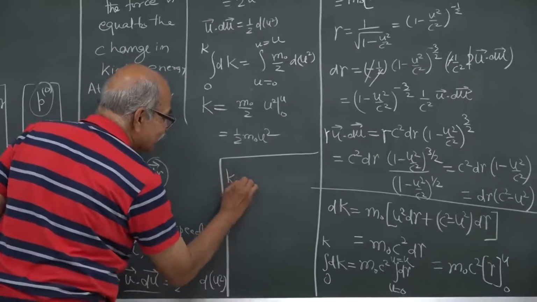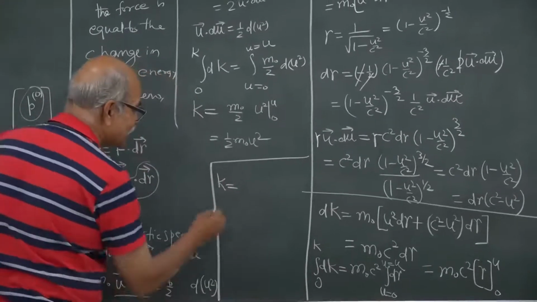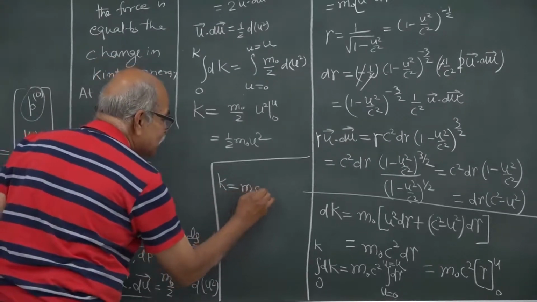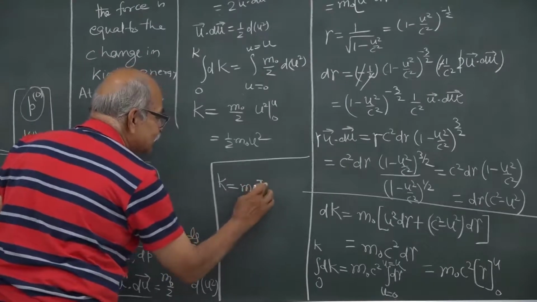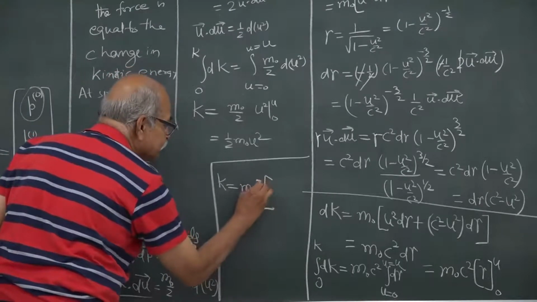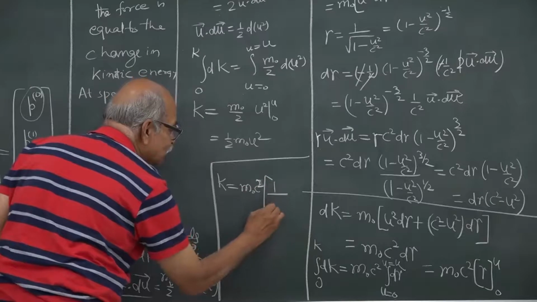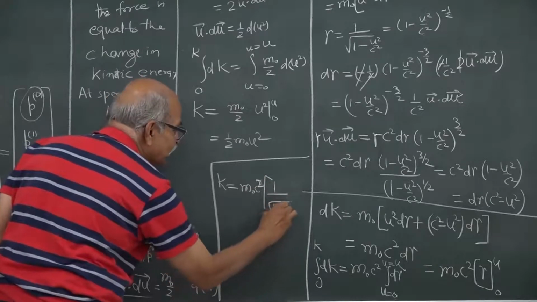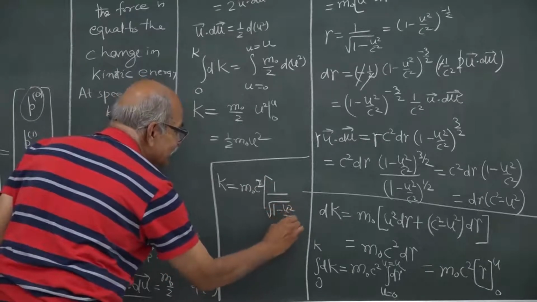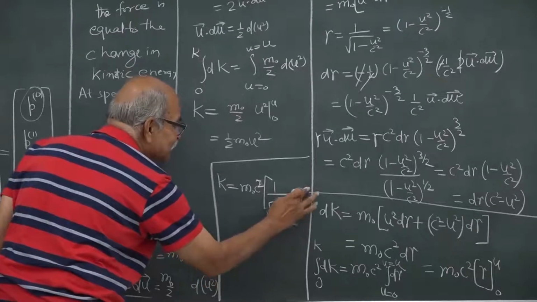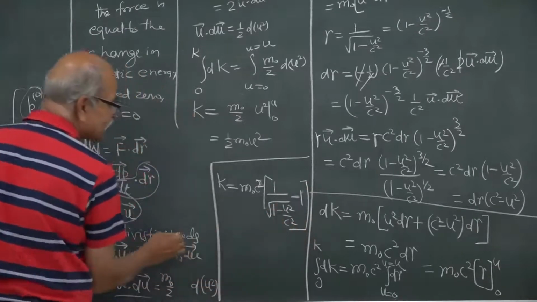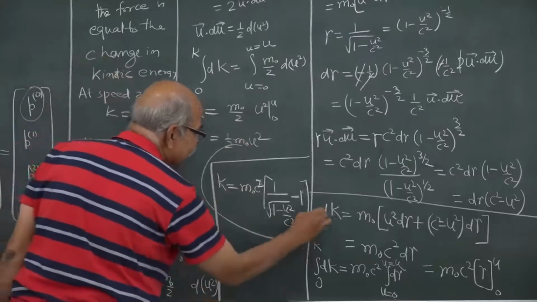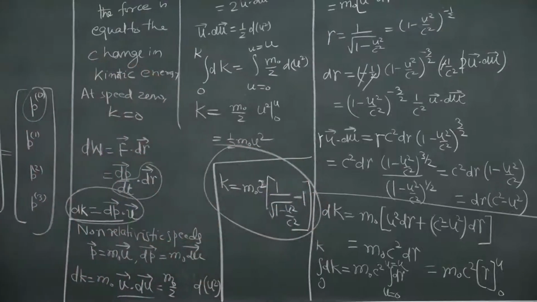This integration gives k equal to m naught c square, and then within brackets 1 by square root of 1 minus u square by c square, minus 1. This is that kinetic energy expression that we are looking for.